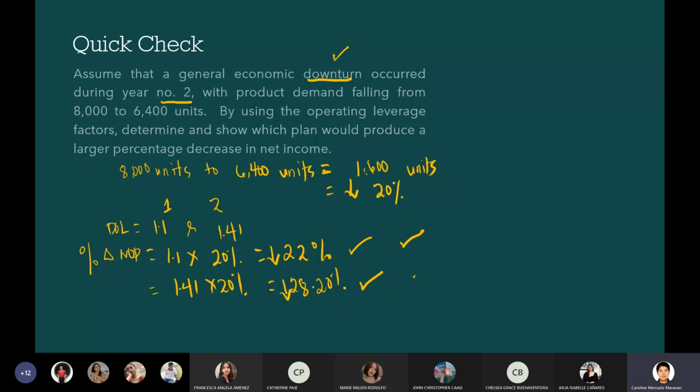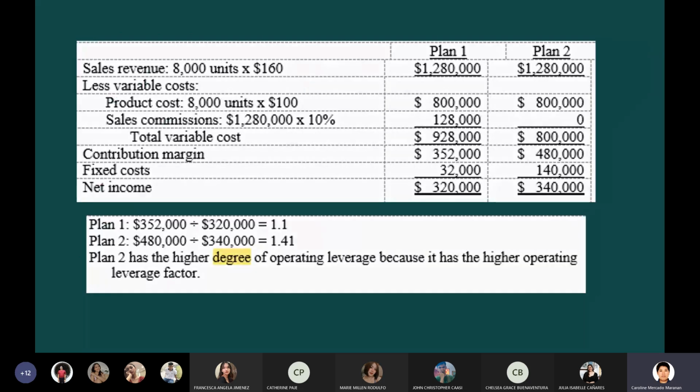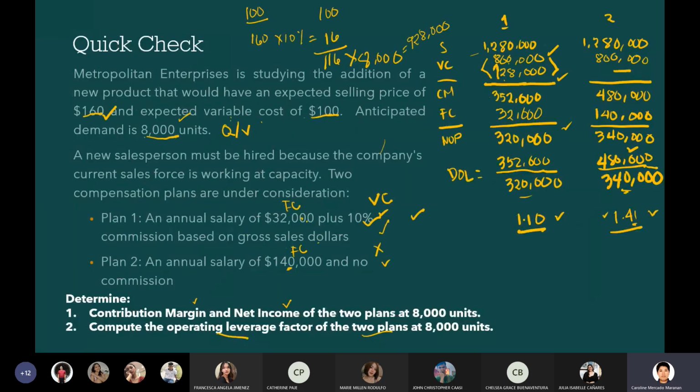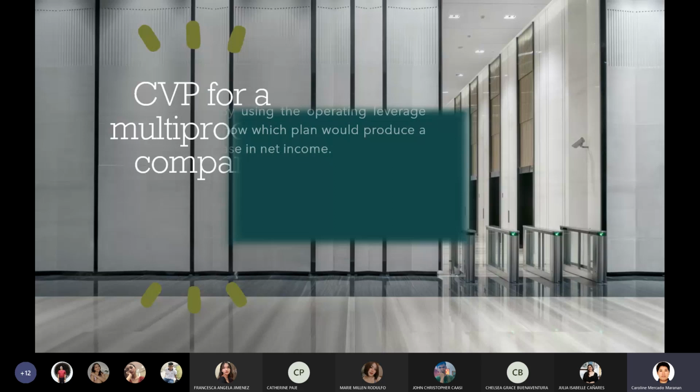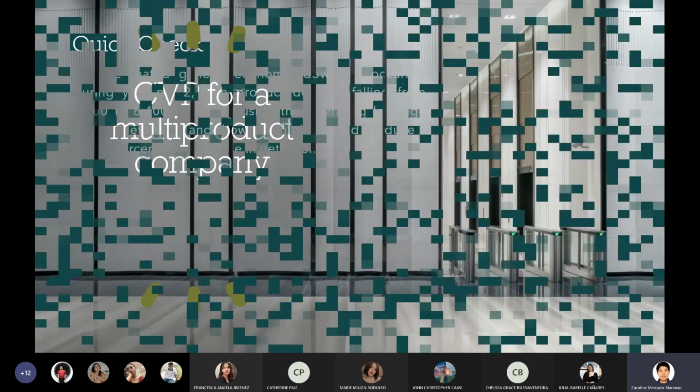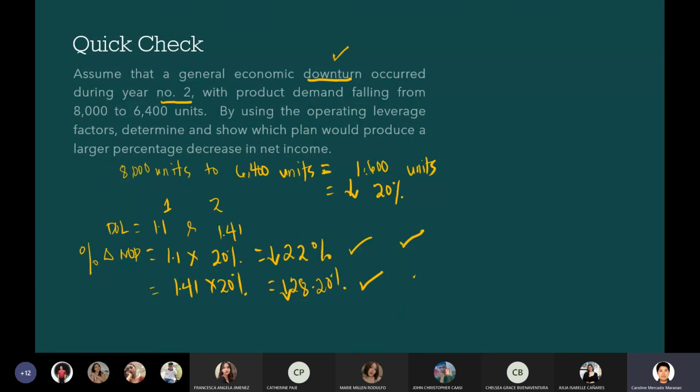Okay, the percentage decrease in profitability can be figured by, yan, i-multiply mo yung DOL times the percentage decrease in sales. So, yan yung kagandahan ng DOL. Isipin mo, hindi na tayo gumawa ng FS, okay, para malaman kung ano yung effect sa operating profit natin.